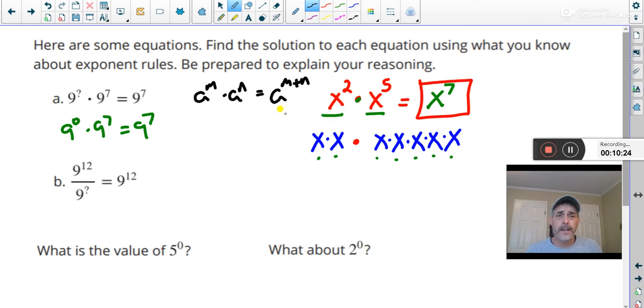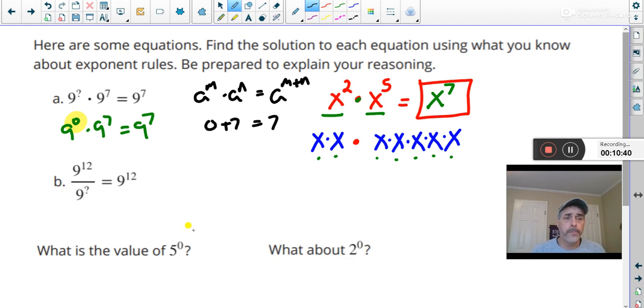That's what you'd see in any textbook or on any website that refers to algebra. So we could say that 0 plus 7 equals 7, and that's how we obtained the 0 right there. That would be one way to explain it.